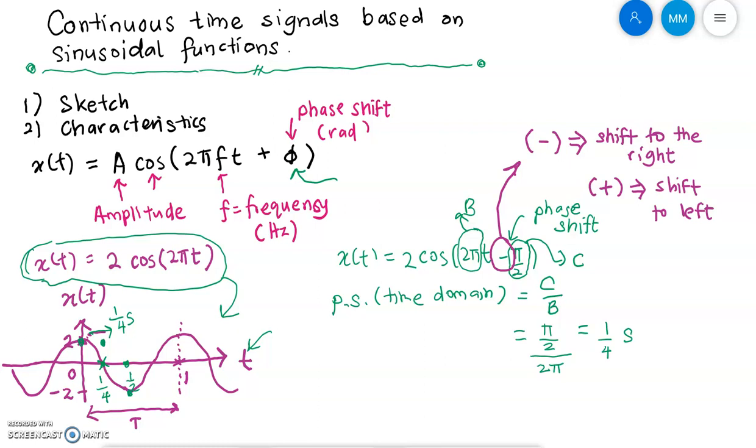Now the value here, which is negative 2, will be shifted to 3 over 4 seconds here with the value of negative 2. And this 0 will be shifted by 1 over 4 seconds to the value of 1 second.